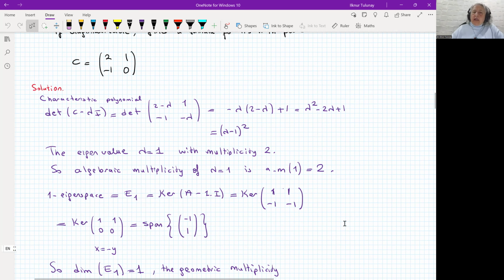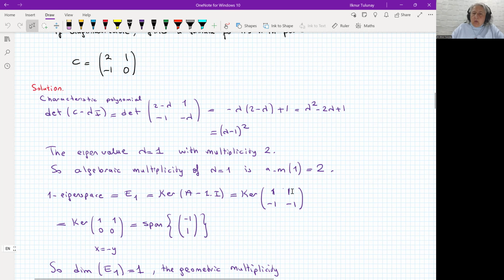Now we would like to calculate the eigenspace corresponding to this eigenvalue. So the eigenspace E1 is equal to the kernel of C minus 1 times I, which is the kernel of the matrix 1, minus 1, 1, minus 1. Now we would like to find the kernel of this linear transformation.